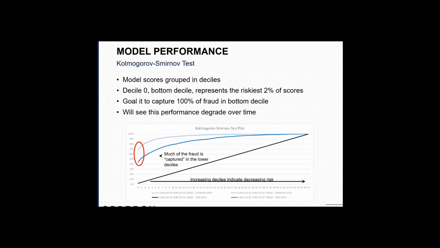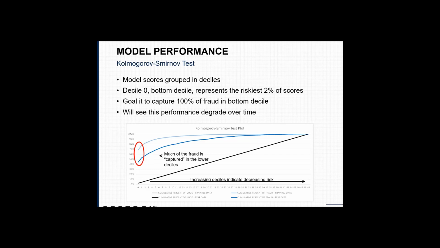As far as evaluating model performance, when we talk about risk models, the Kolmogorov-Smirnov test is typically what's used. The first thing we do is put our population into score deciles. Each decile represents 2% of the population. Decile 0, which we consider the bottom decile, represents the riskiest 2% of scores.